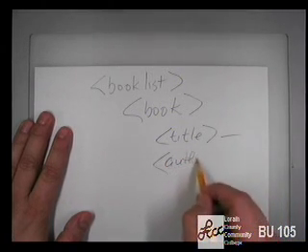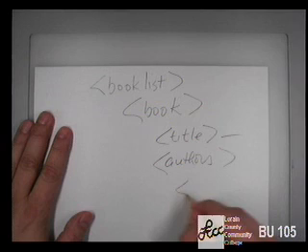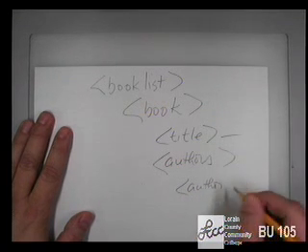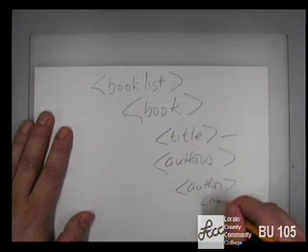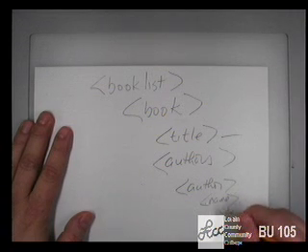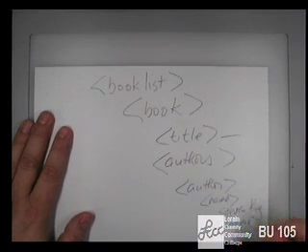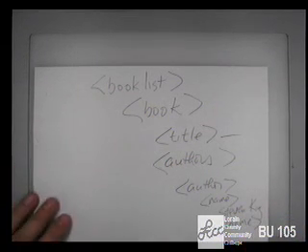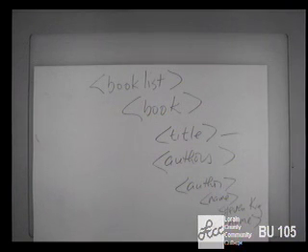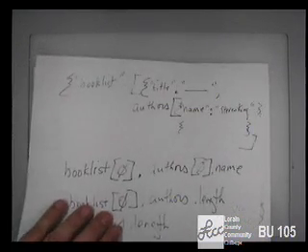Then we can have authors. And so on down the line, with the authors being nested as part of the book and the books being nested as part of the book list. Same data, conceptually, same data structure as this, just implemented in XML.